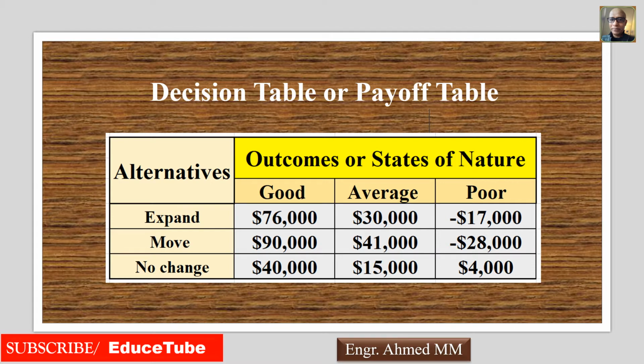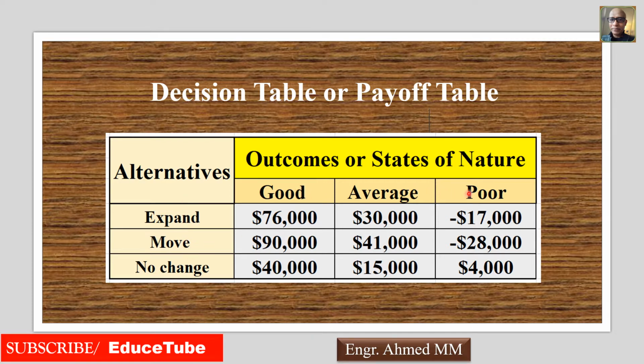Here there are alternatives: expand, move, and no change, in these three rows. It is also called decision alternatives. That's why the decision maker can choose one of the options from these alternatives.